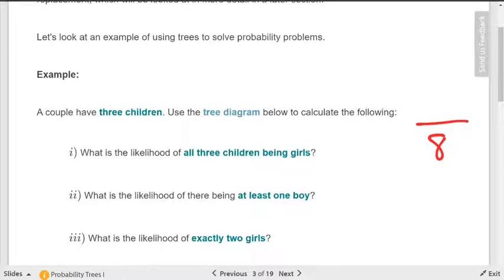So I just need to count out which ones. Okay? So that total number of branches at the end, as long as they're equally likely outcomes, will tell you what you can have. So they have 3 children. What's the likelihood of all 3 being girls? There's only 1 branch out of the 8 that gives you all 3 girls. So the probability of all girls is 1 branch out of the 8 branches.